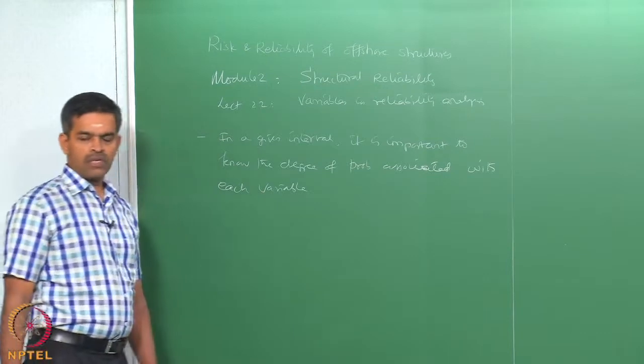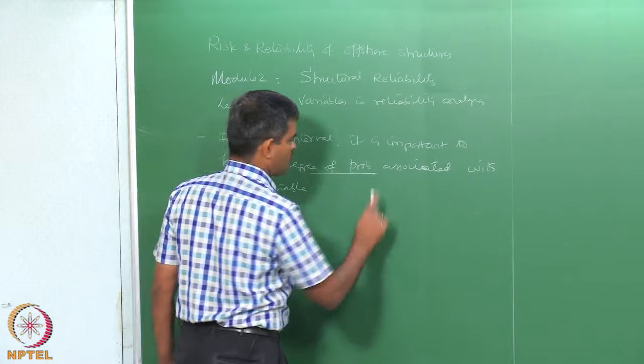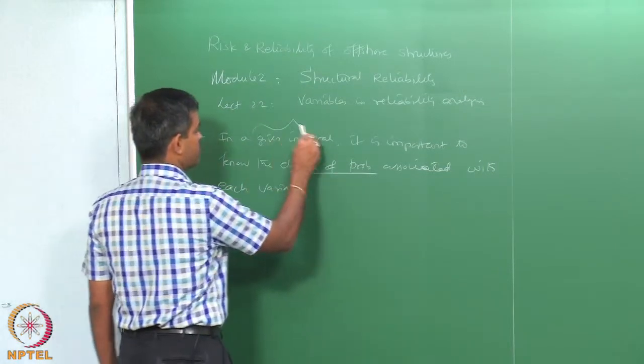So, it is very important that we must know the probability of occurrence of those variables, or probability of fitness of these variables in a chosen interval. That is very important.